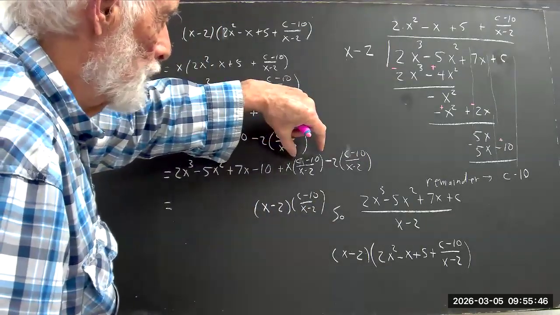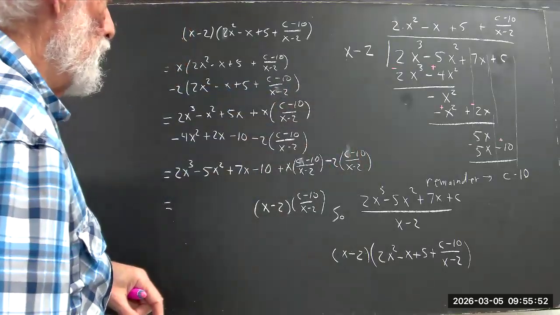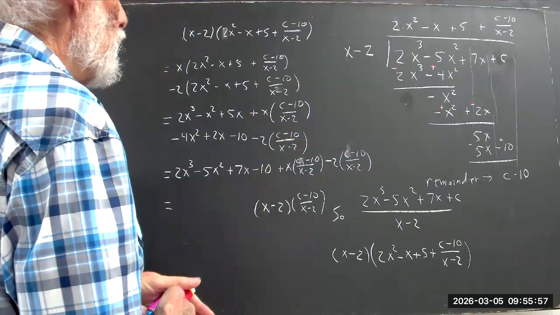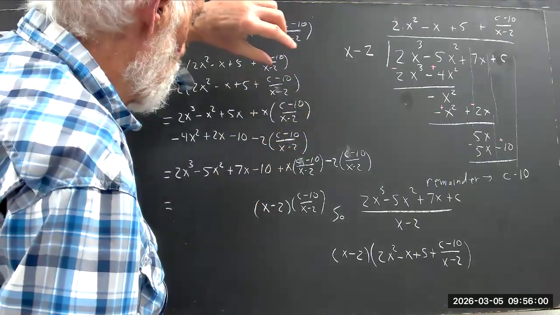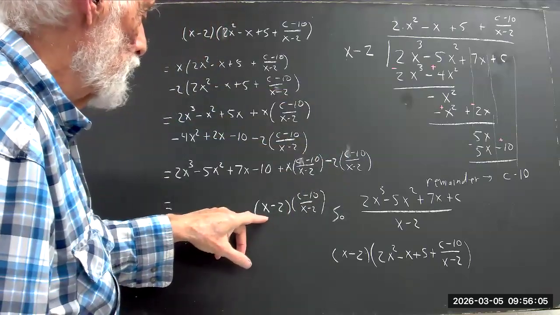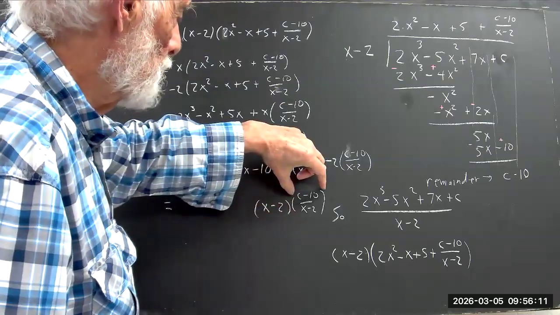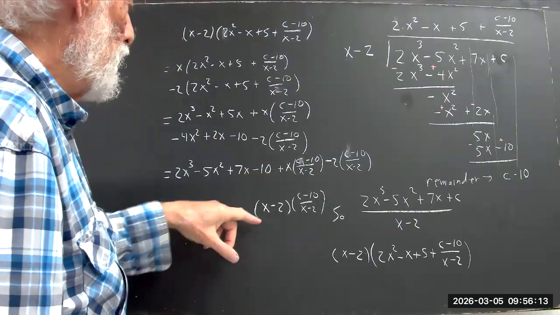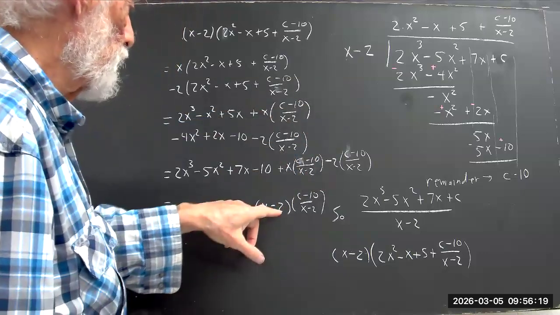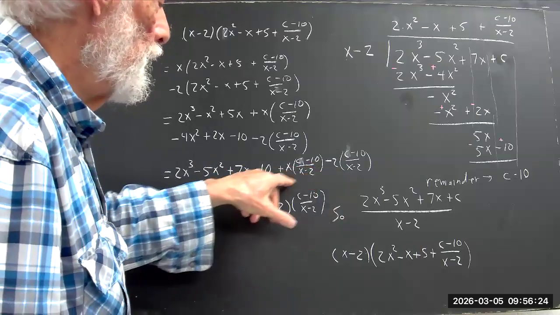If you don't see that, you can look at the expression x minus 2 multiplied by (c minus 10) over (x minus 2) and see that it's the same as x multiplied by (c minus 10) over (x minus 2), minus 2 multiplied by (c minus 10) over (x minus 2), which is just what we have in the previous step.